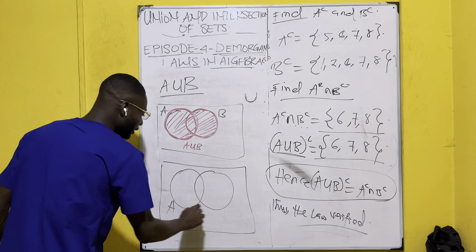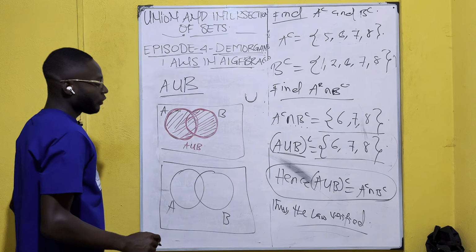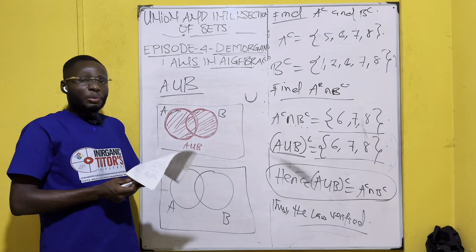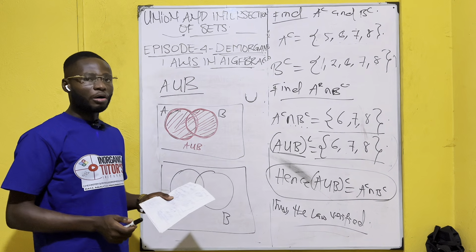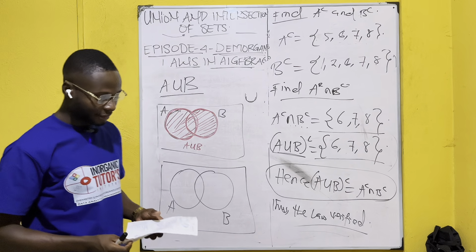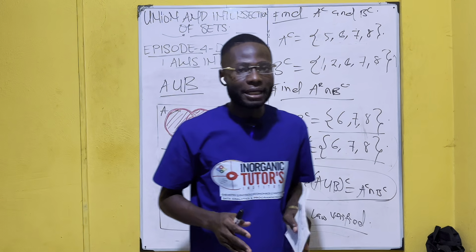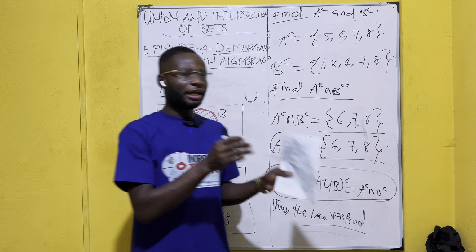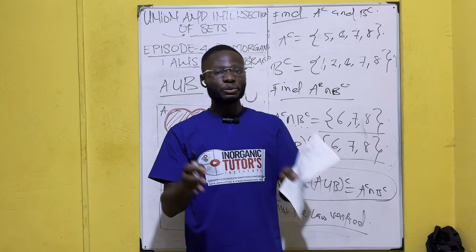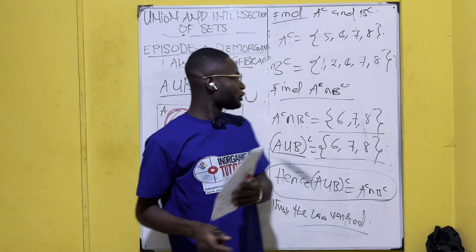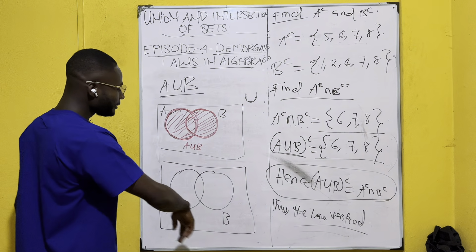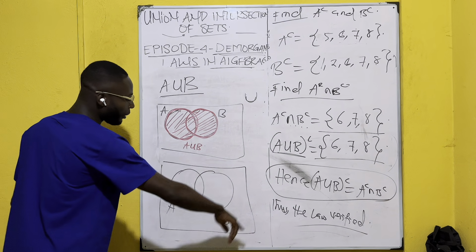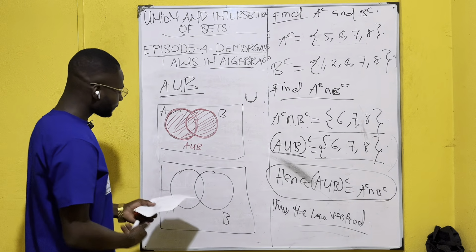Now we want A union B all complement. So how do we get that? Now we know that complement are those elements that do not belong to A, neither do they belong to B.